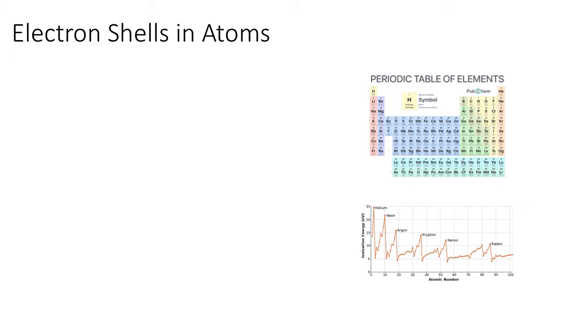I have here the periodic table shown, as well as the ionization energy for elements. If an atom is tightly bound, if the electron is most tightly bound to the atom, then the ionization energy is higher. Looking again at the shells, in the first row of the periodic table we have hydrogen and helium.